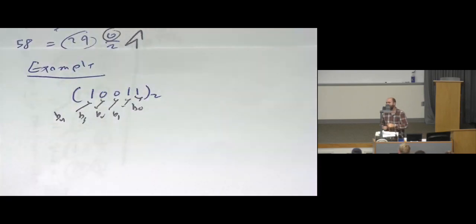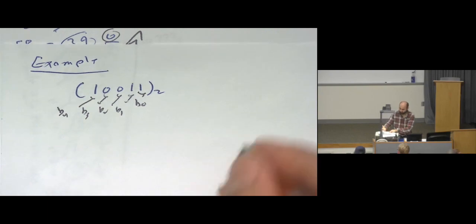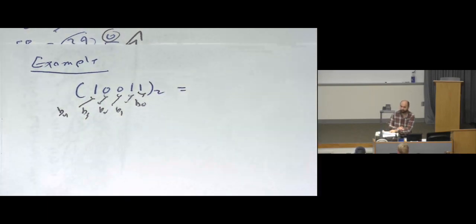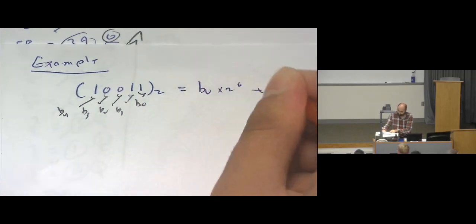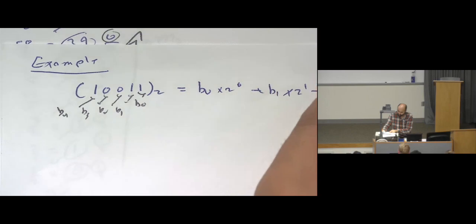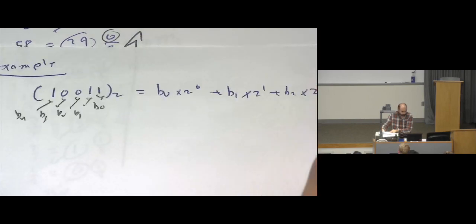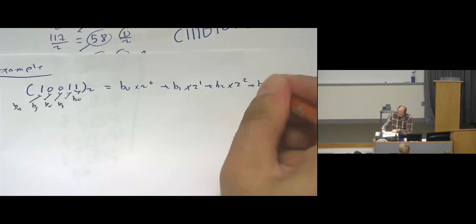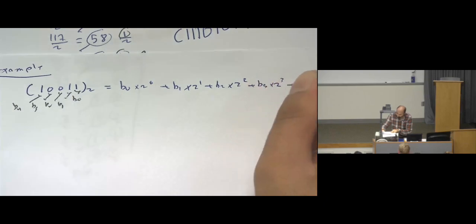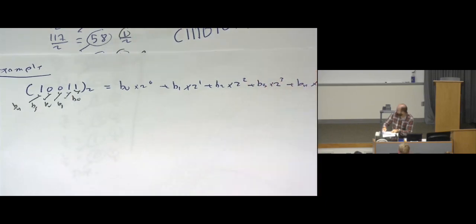Now I assume everyone knows how to do it, right? How do we do it? It equals B0 times 2 power 0, plus B1 times 2 power 1, plus B2 times 2 power 2, plus B3 times 2 power 3, plus B4 times 2 power 4.